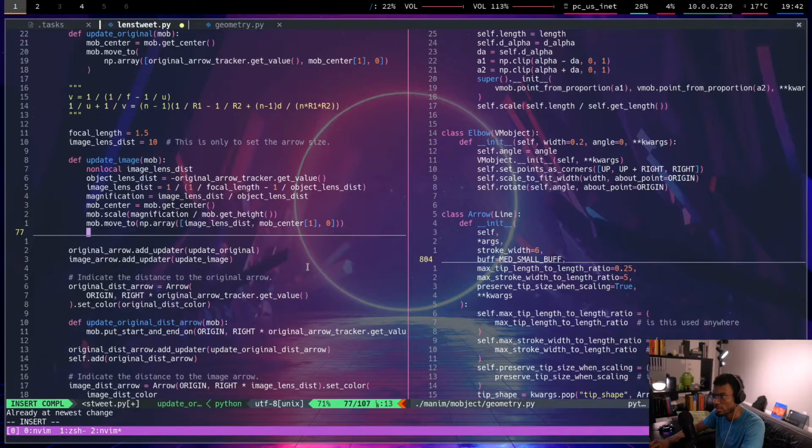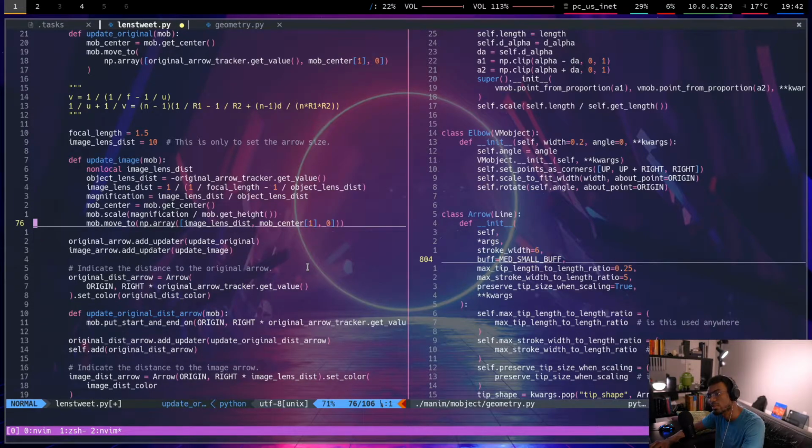Okay, so I can move to there, then I want to do mob.align. Not align, I want to move it down to the origin. I should have left it how it was before. I didn't know the arrow tip would be that weird. Here's the mob center. I won't scale it.